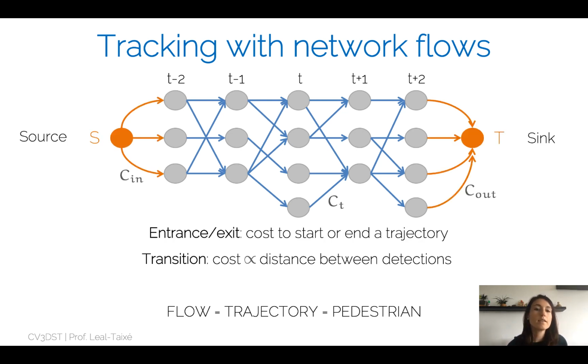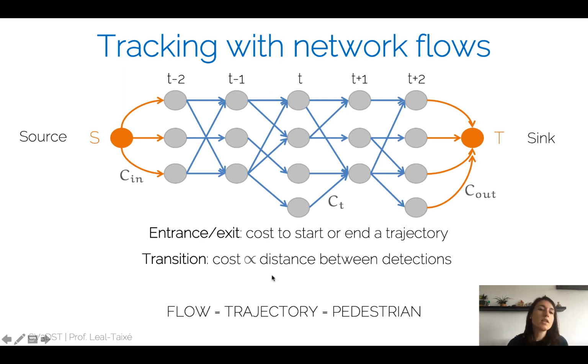So the other thing that we need are what we call entrance and exit connections. Essentially, we need to, at some point in some frame, start or end a trajectory. So we cannot assume that all the trajectories are going to start at frame t-2. It could be that some pedestrian actually appears at frame t.